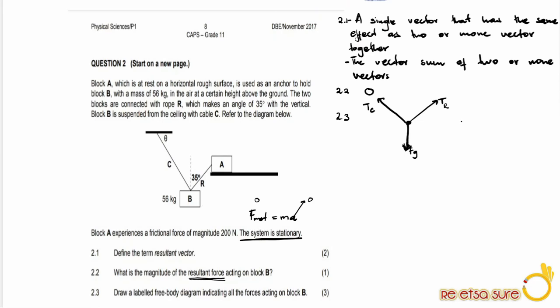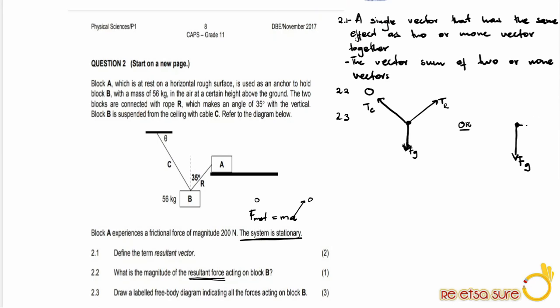Let me draw the second free body diagram, this time including the components. Obviously I'm still going to have Fg, our gravitational force. But instead of drawing TR, I'm going to resolve TR into its components, the horizontal and the vertical components.